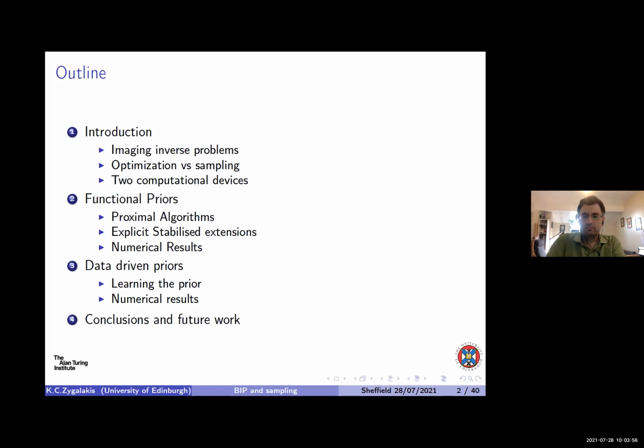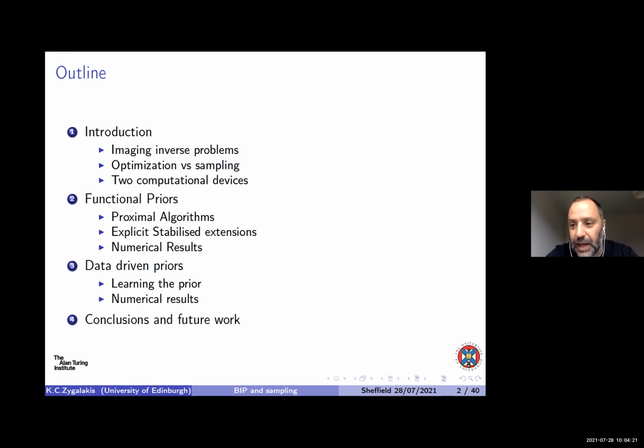So here's a brief outline. I'll spend the first 10 minutes setting up the scene and what I actually mean by an imaging inverse problem. Then talk to you about optimization versus sampling. These are two facets of the same problem, or of problems that are related. And I think Dimitris, in his very kind introduction, mentioned the word numerical analysis a few times.